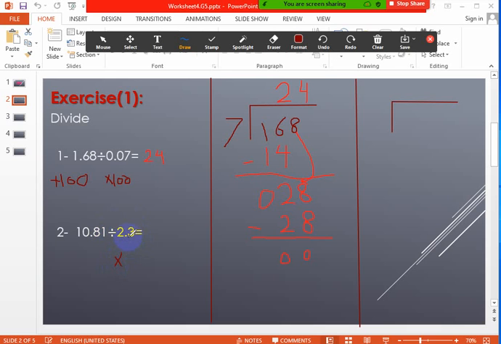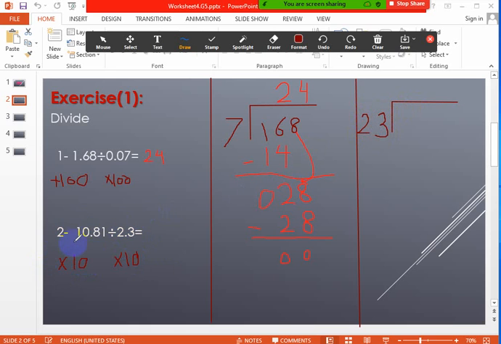I have only one digit after the decimal point, so I have to multiply it by 10. Very good, Lana. Also, when I multiply the divisor by a number, I have to multiply the dividend by the same number. So I will also multiply this number by 10. When I multiply 2.3 by 10, it will be 23.